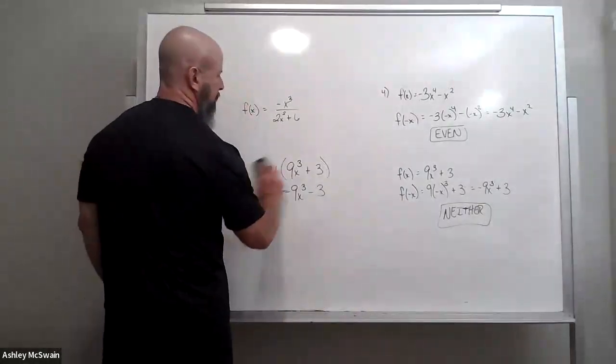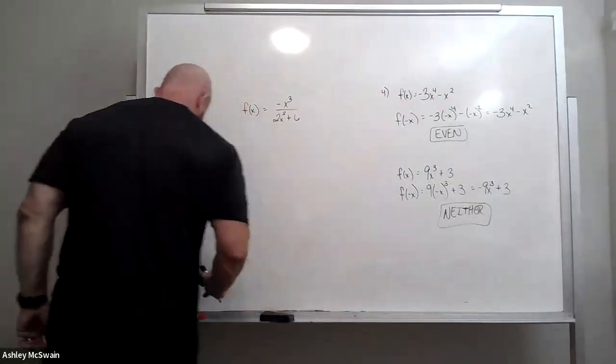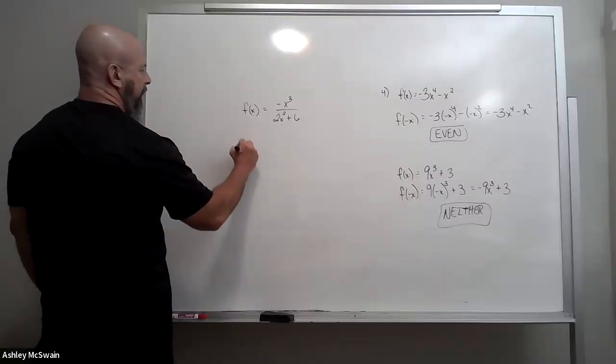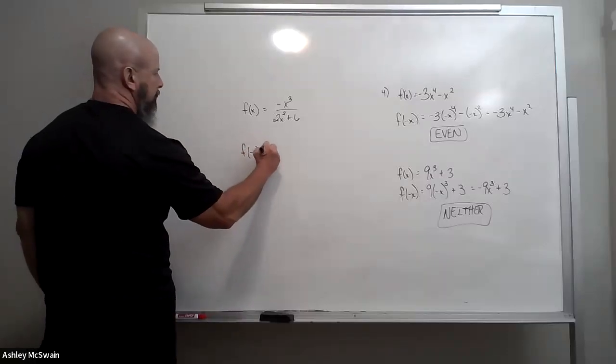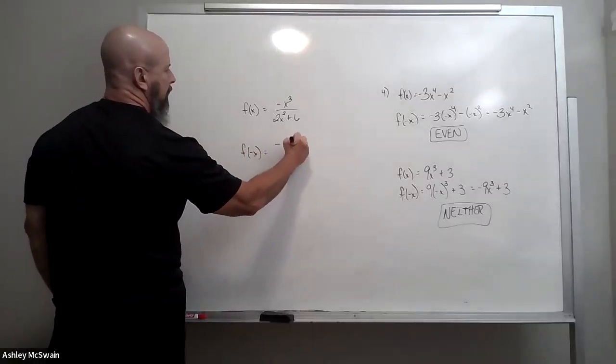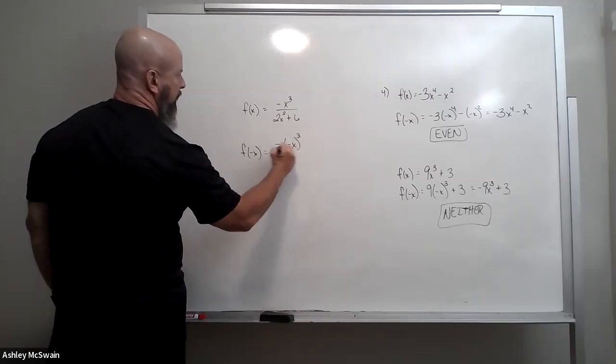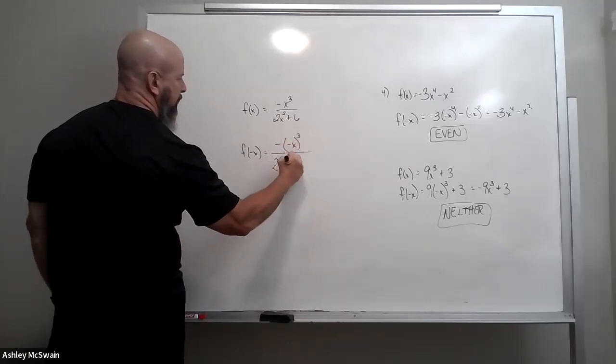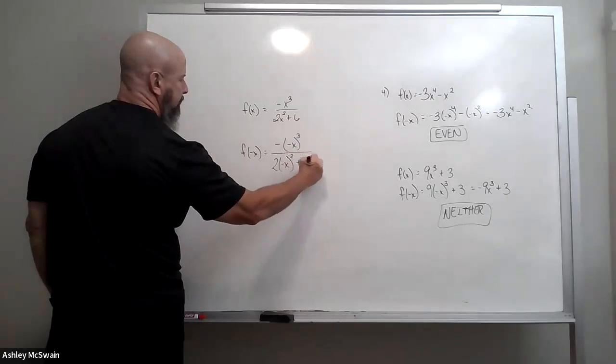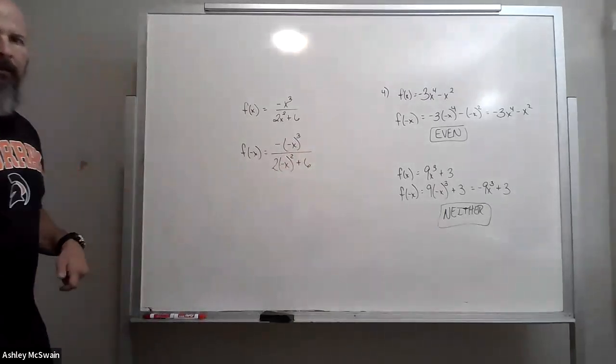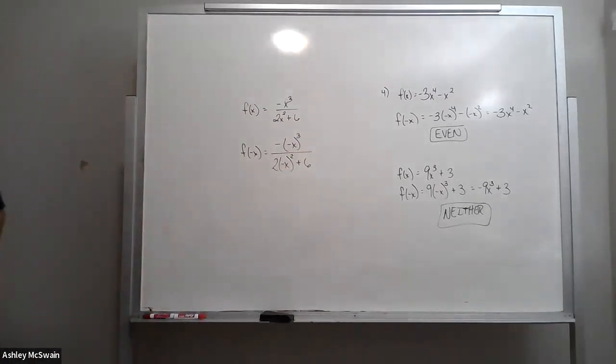Third one. Of negative x. Negative of negative x cubed. And each time, notice when I'm substituting that negative x in, I'm using parentheses around it so I'll make less mistakes with my signs that way.